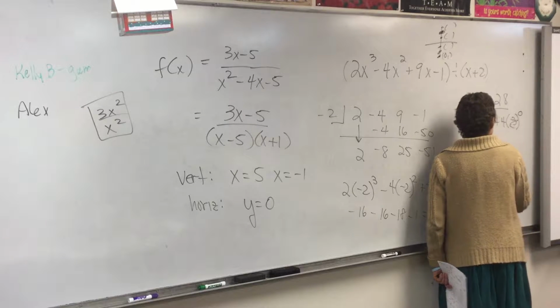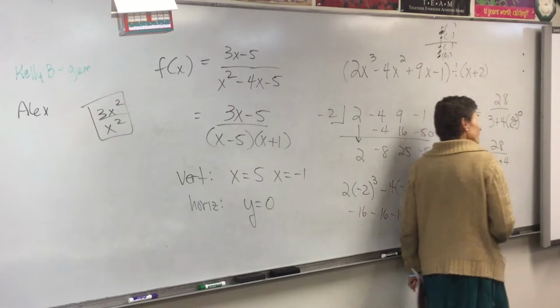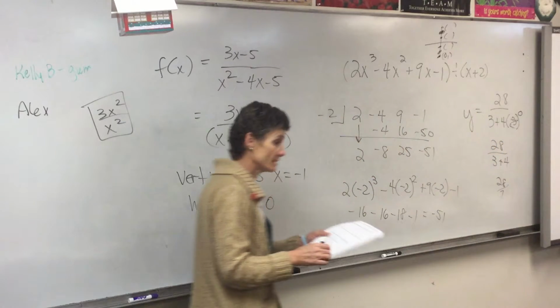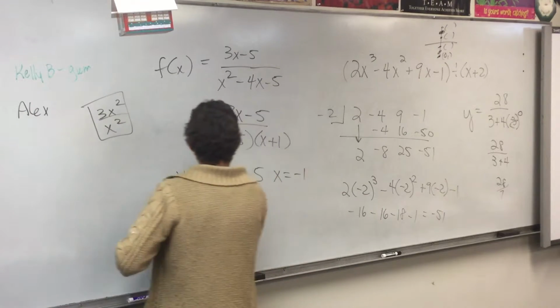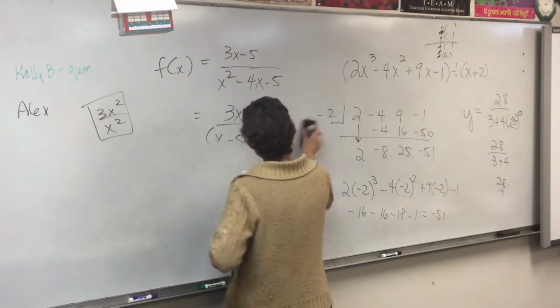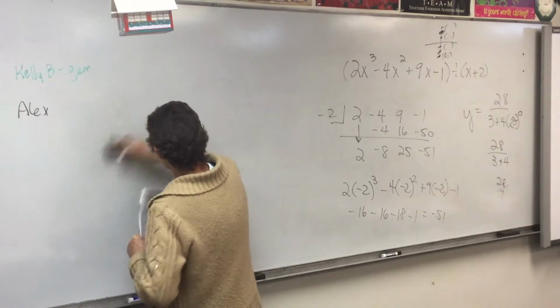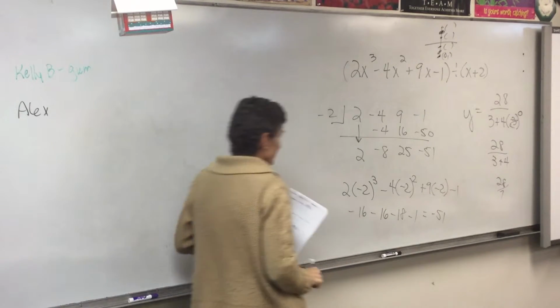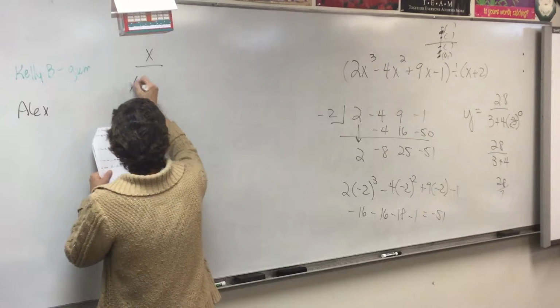So I have 28 over 3 plus 4, which is 28 over 7, so my y-intercept is 4. Anytime it says find a y-intercept, you're going to let x be 0.